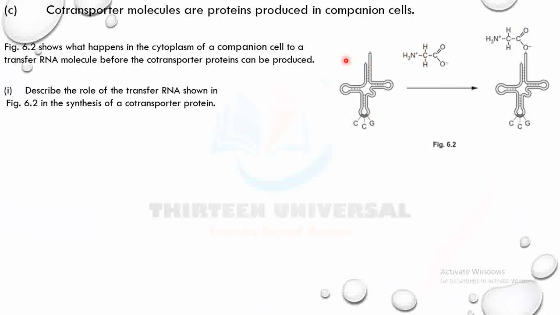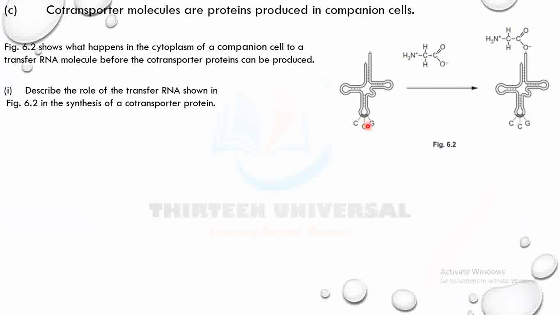Once it's attached, the transfer RNA transports the amino acid to the ribosome, where it binds to the mRNA on the ribosome using the anticodon by complementary base pairing.